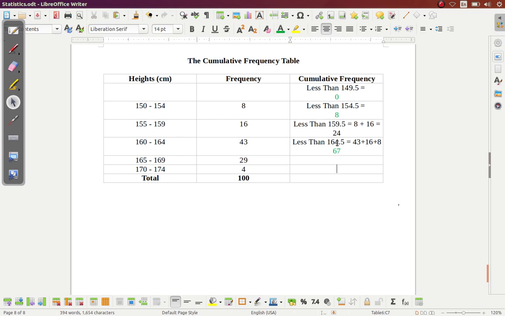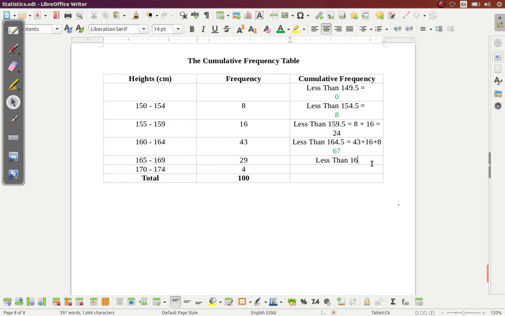Alright, now which models measure less than 169.5? I'm not talking about only from 169.5 going down to 165, 164.5. Everybody behind, everybody shorter than 169.5. How many of them are there?